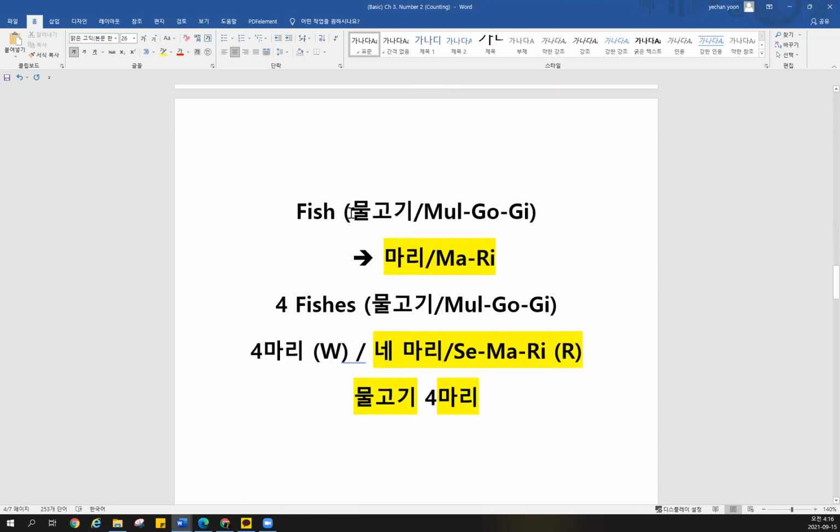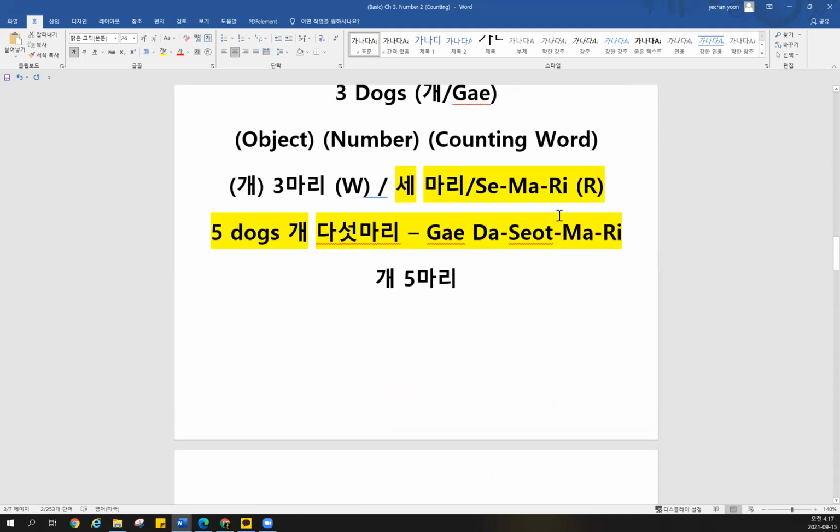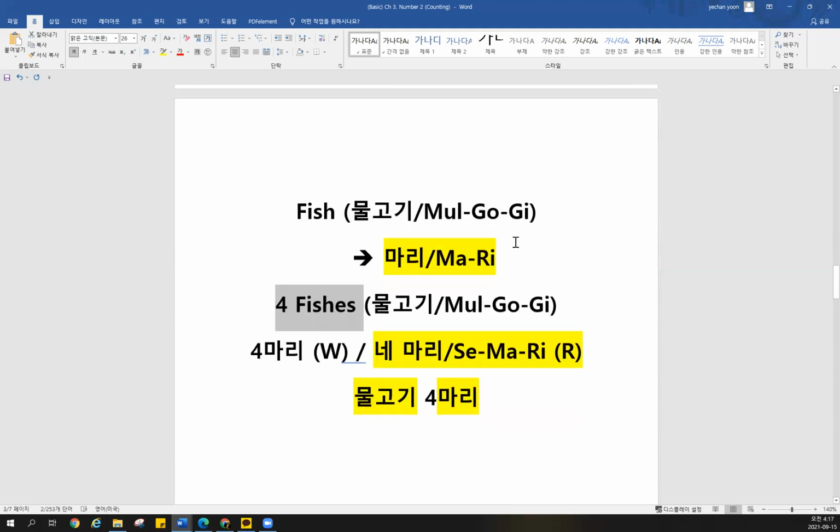Fish. How can you say fish? We can say 물고기. 물고기. Fish is also counted with 마리. Then how do you read or write 4 fish? Simple, exactly the same as this one, but a different name, a different object.